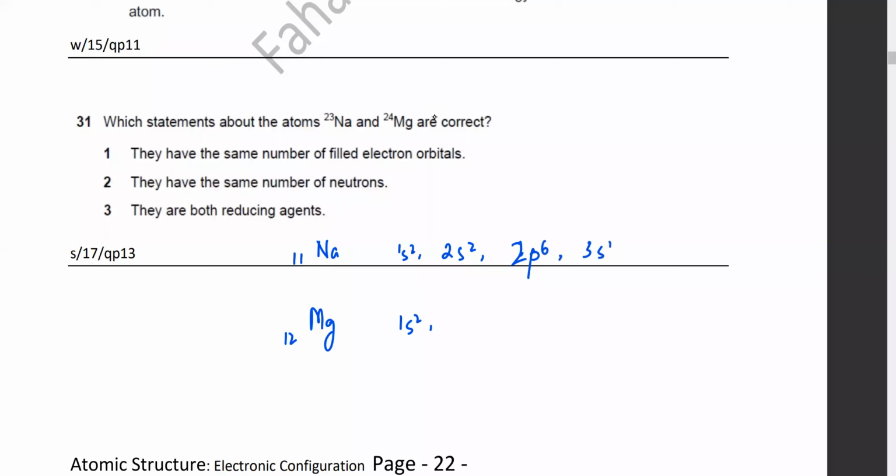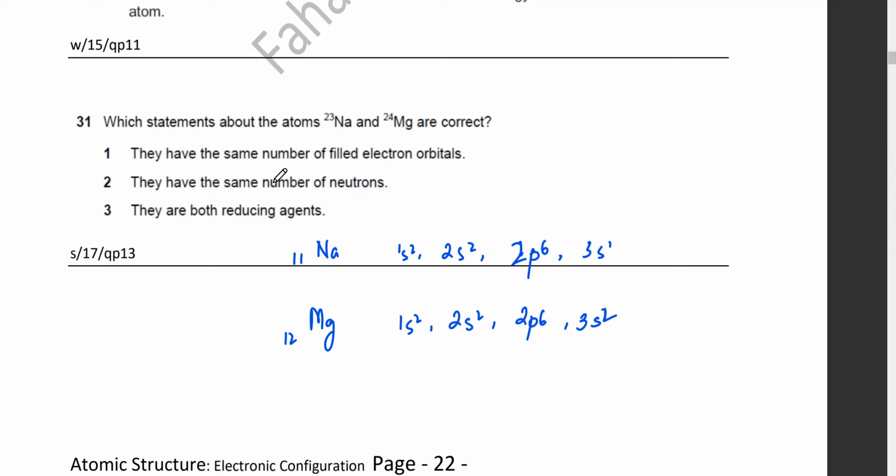Mg is 1s2, 2s2, 2p6, and 3s2. One more electron. So they have the same number of filled electron orbitals, which is true.